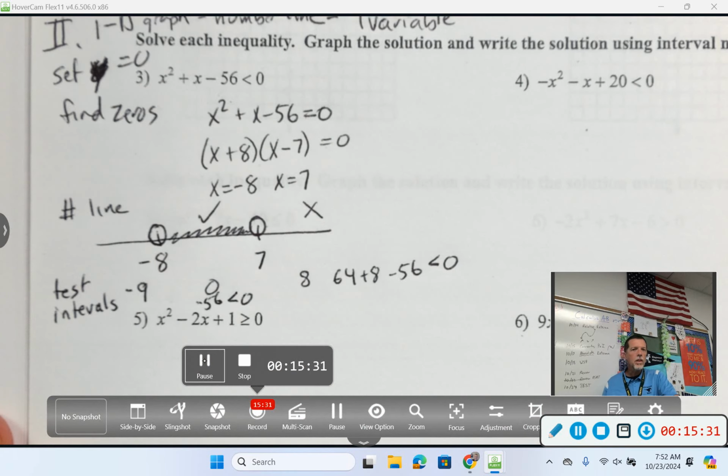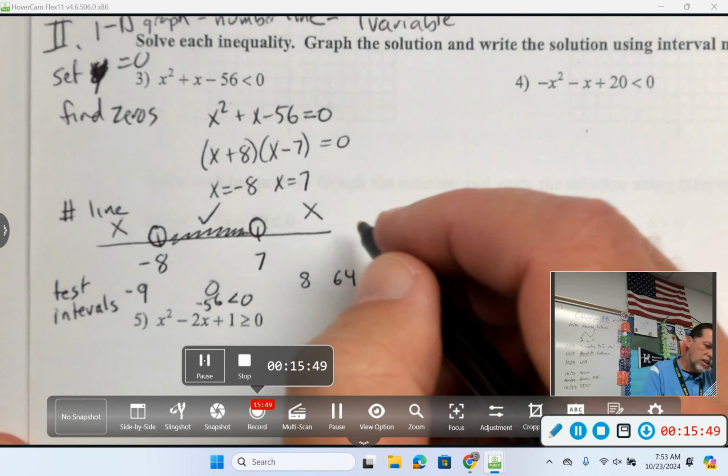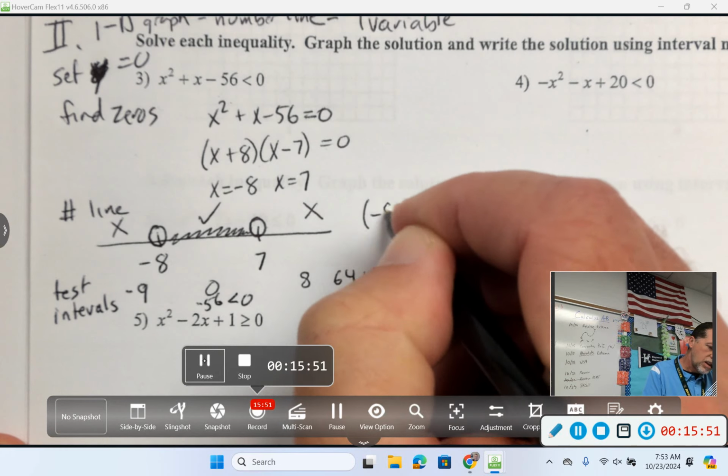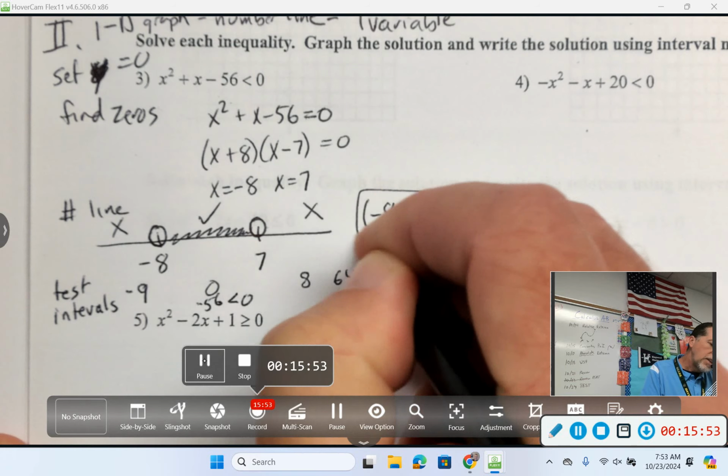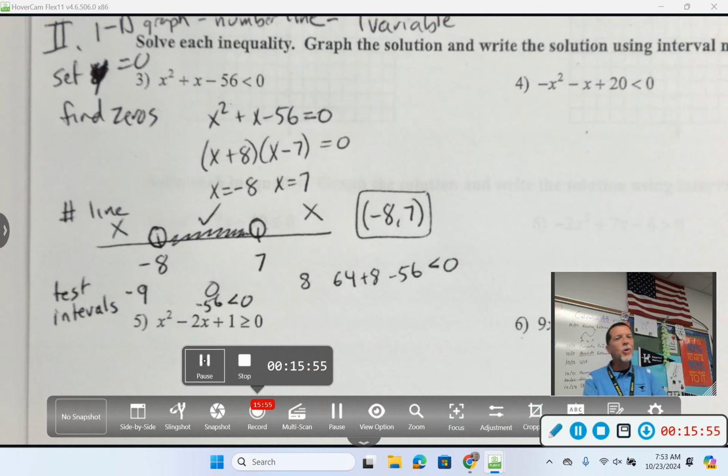What about negative 9? 81 minus 9 minus 56 wouldn't work. So it has to be that inner region. It's only the inner region. Less than, greater than, that's irrelevant here; that's for absolute value.